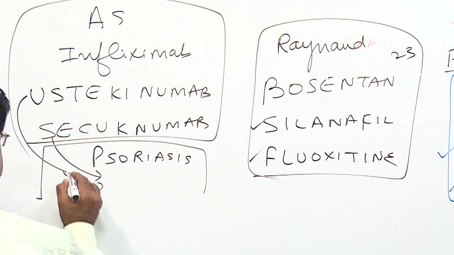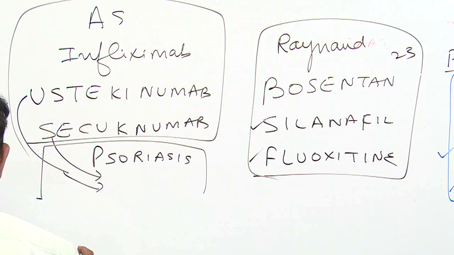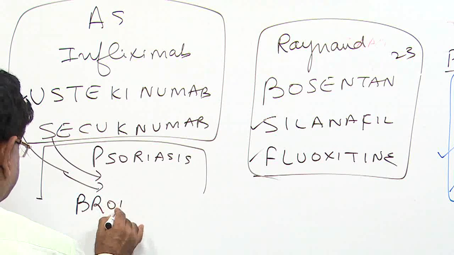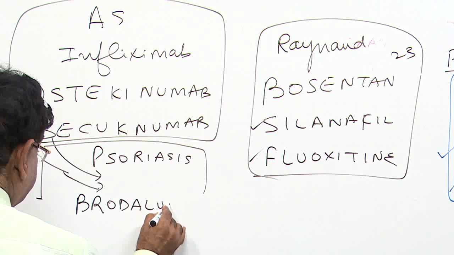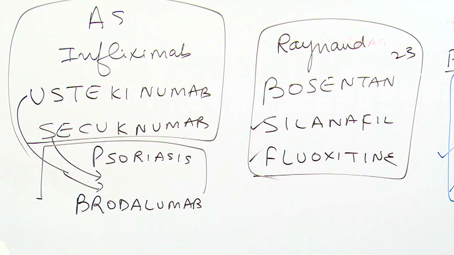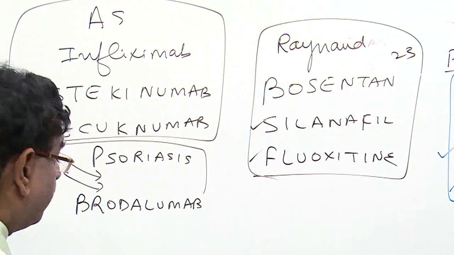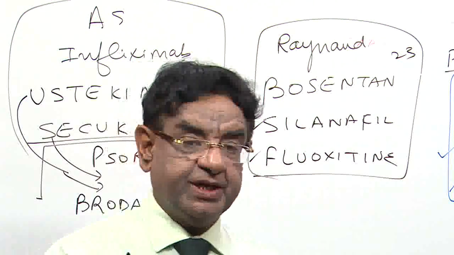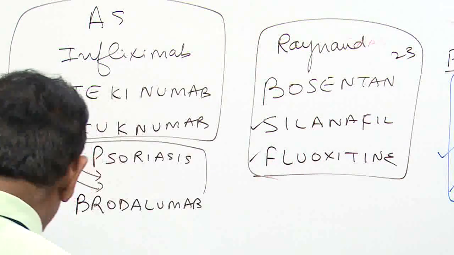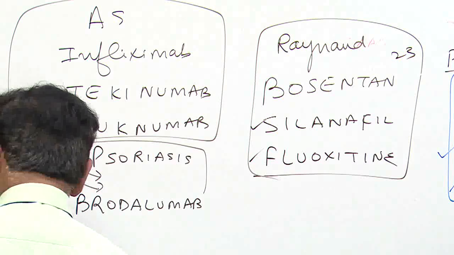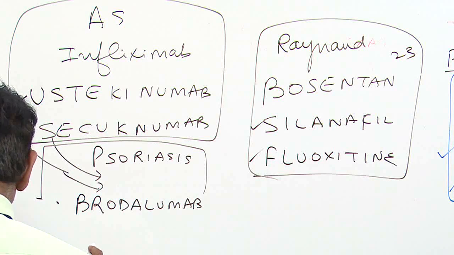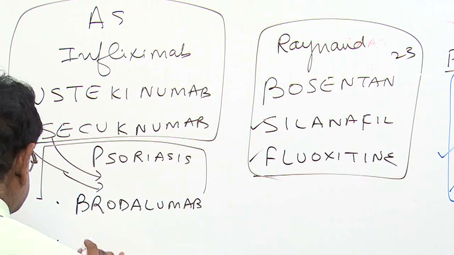That is brodalumab, and another drug, apremilast, which is a phosphodiesterase 4 inhibitor.